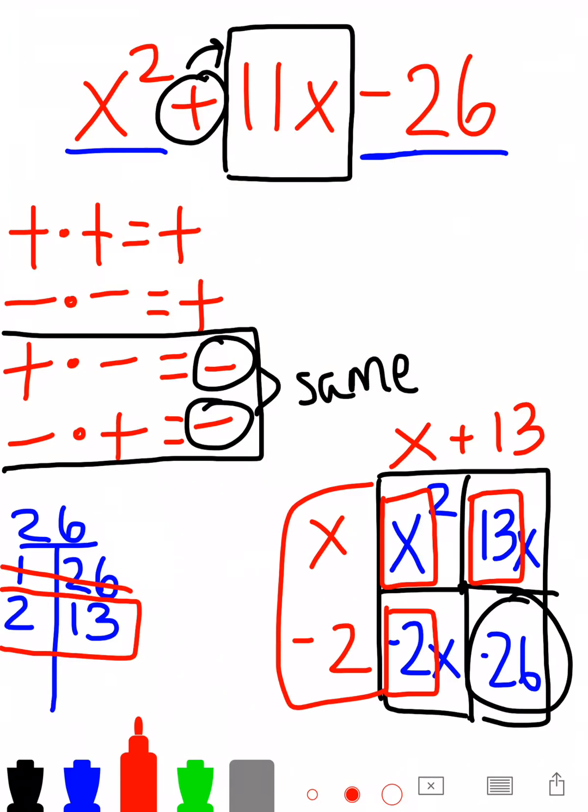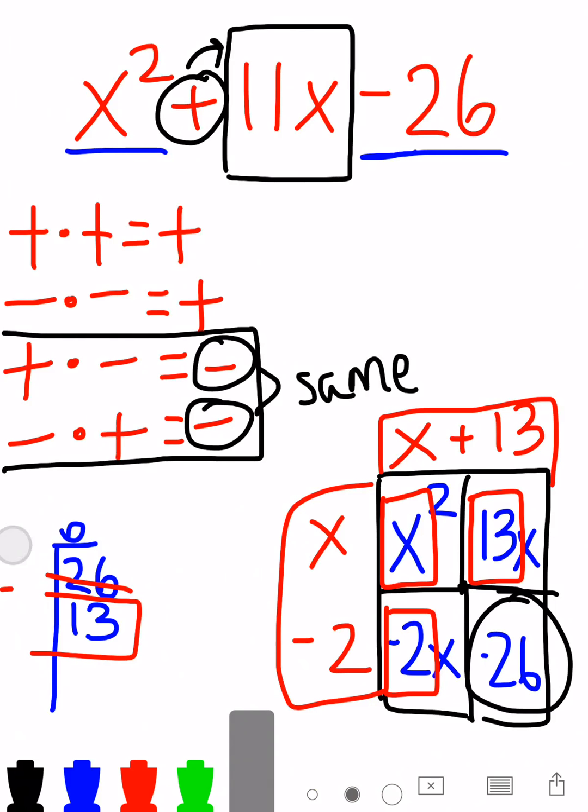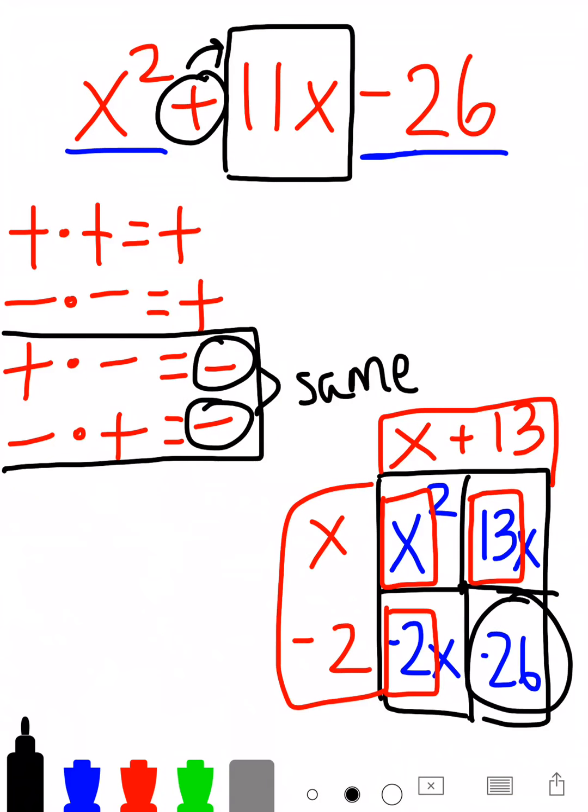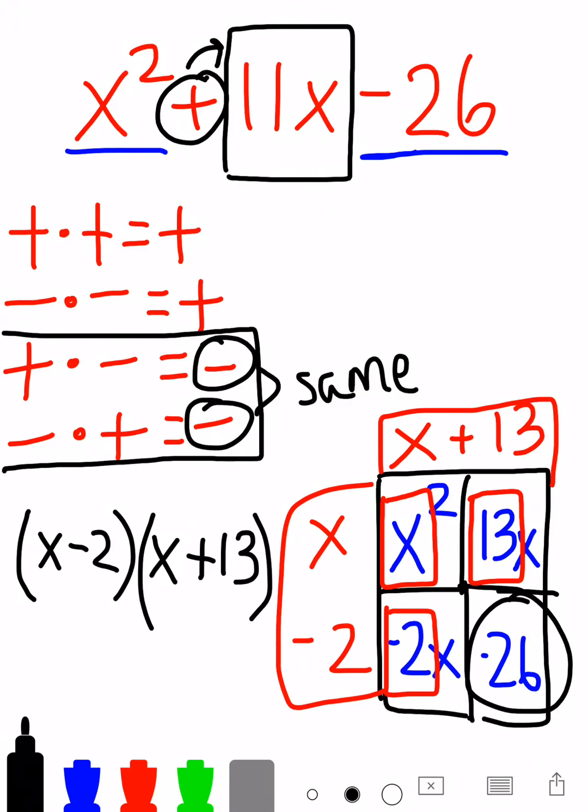So now I'm ready to write my answer. Let me get a little bit more space here. Erase the T-chart. Please take notes so you can refer back to it as you are doing your assignment for the week. Ready to write my answer now? x minus 2 times x plus 13.